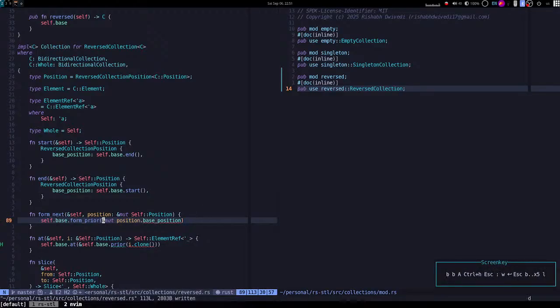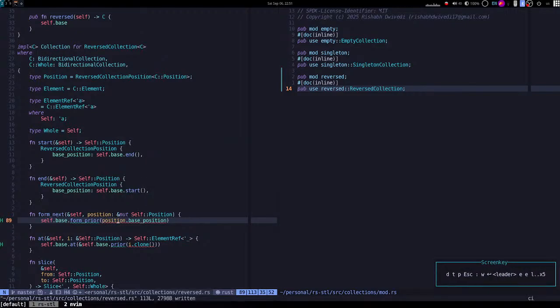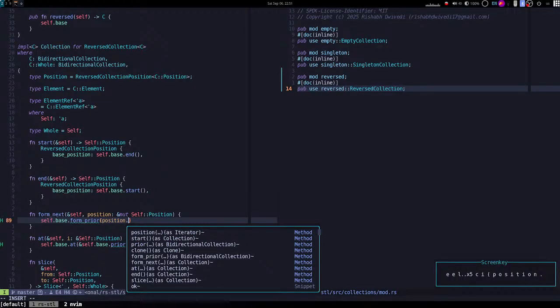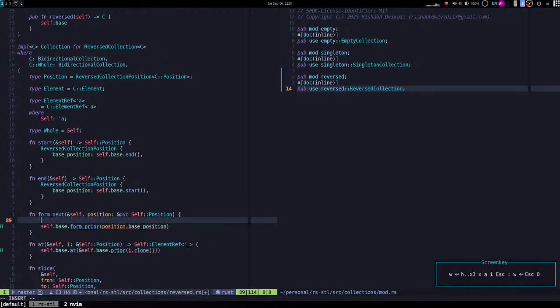Hmm. I guess this is something we, what was that? Position.base_position. So self.position is reverse collection position, so it should be base position, right?